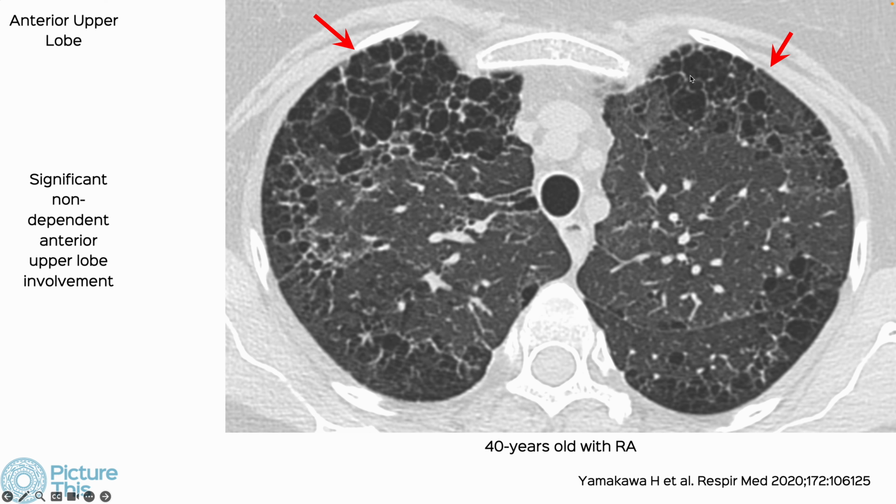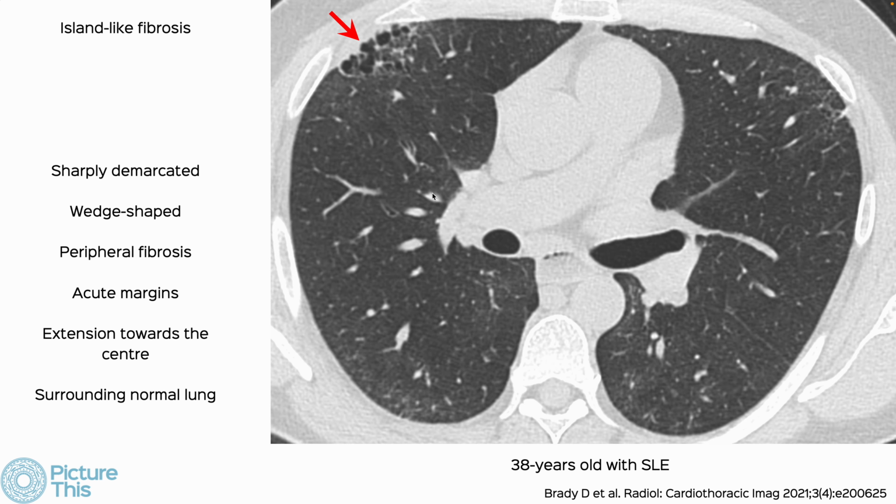Or when you have exuberant honeycombing in the non-dependent upper lobes, where it's called the anterior upper lobe sign. Again, you'll see this with RA, scleroderma, SLE, and other connective tissue diseases. Or you have island-like fibrosis. So there is honeycombing, there are reticular opacities, traction bronchiectasis.